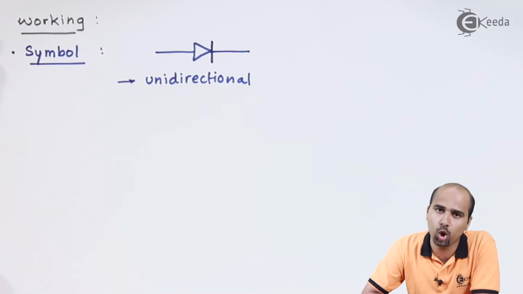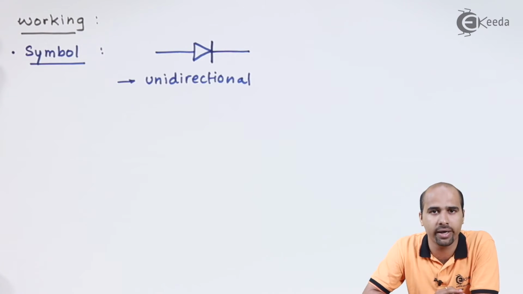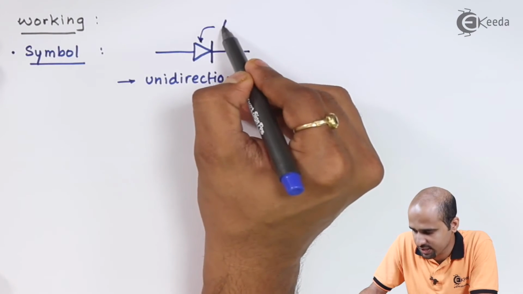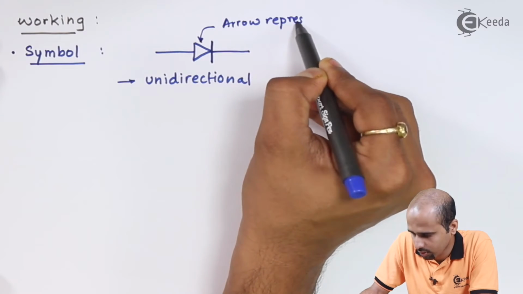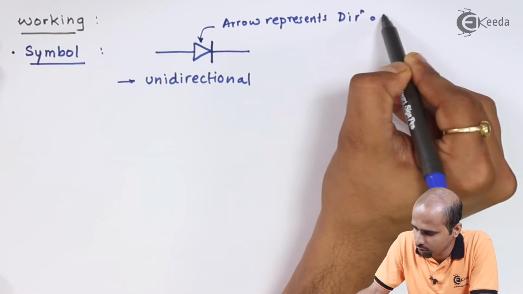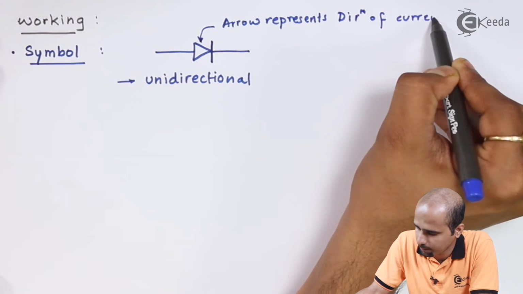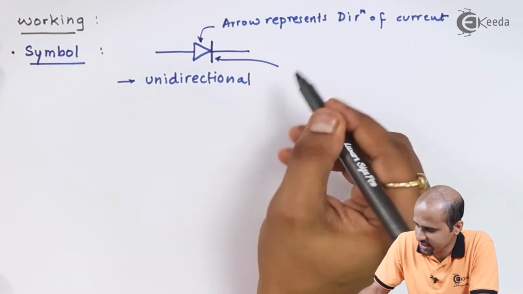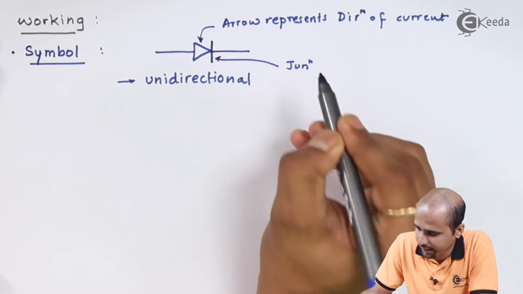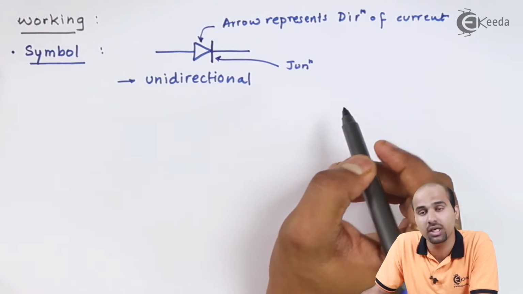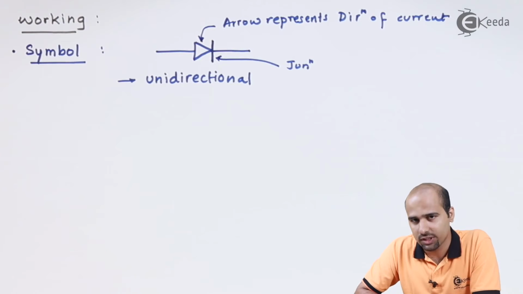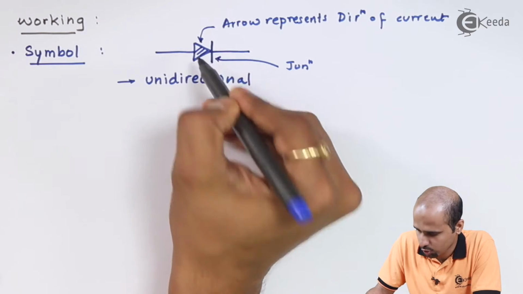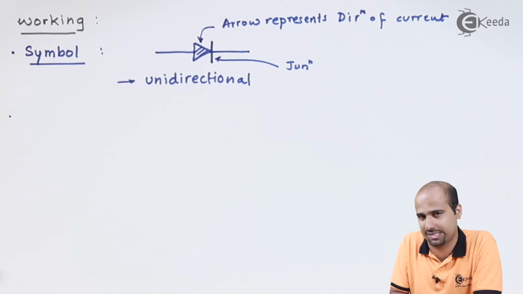The flow of current is possible in only one direction, and this direction is decided by this arrow, which represents the direction of current, and this vertical line represents the junction or barrier which is formed by the diffusion process. So the formation of this device is called a p-n junction diode. So let us move towards the process of working.